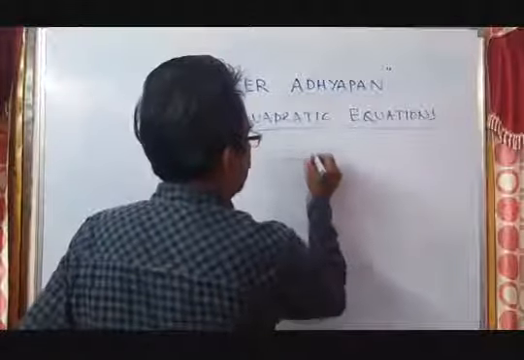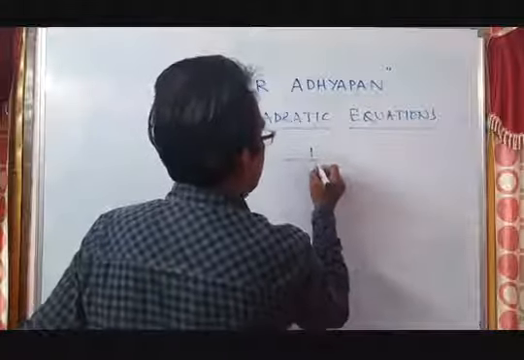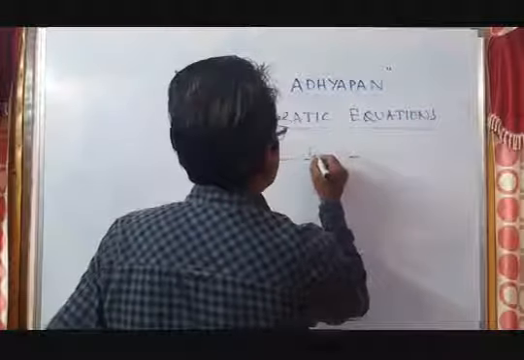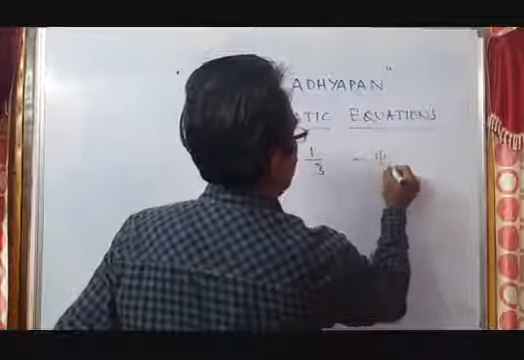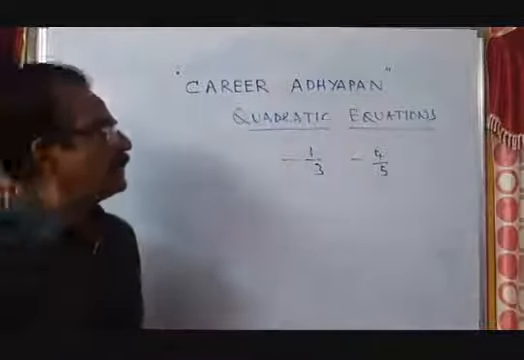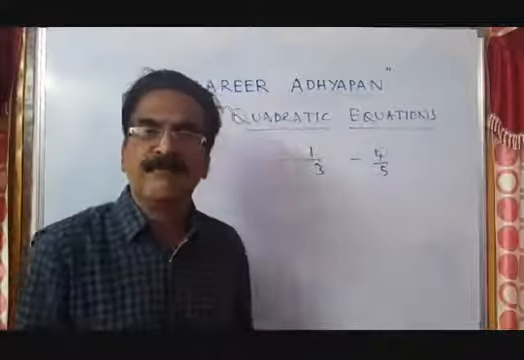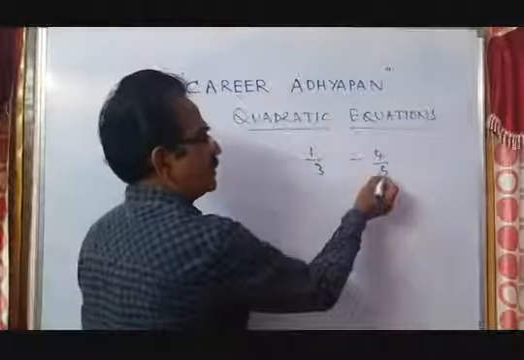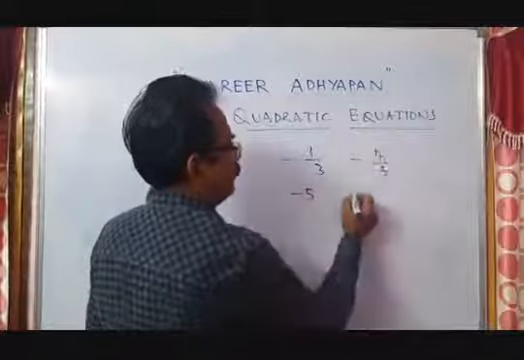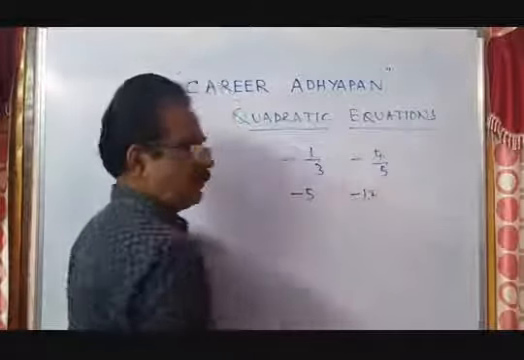See, minus 1 by 3 and minus 4 by 5. Is minus 1 by 3 greater or minus 4 by 5 greater? You do like this. 5 into 1 is 5, with the minus, minus 5. 3 into minus 4 is minus 12.